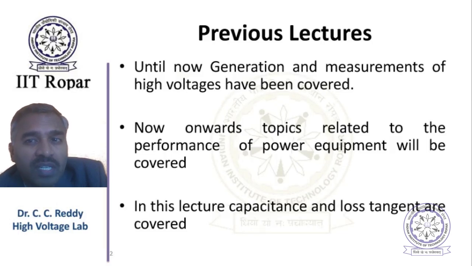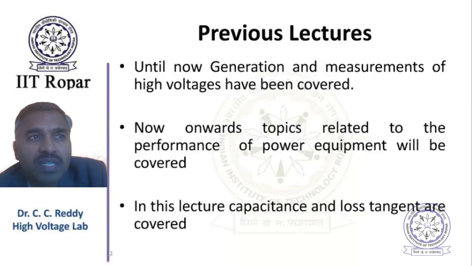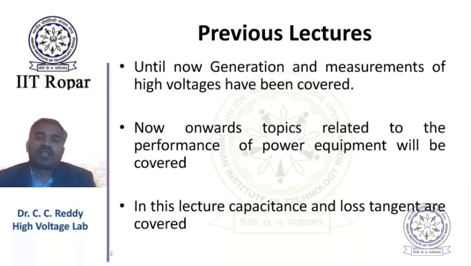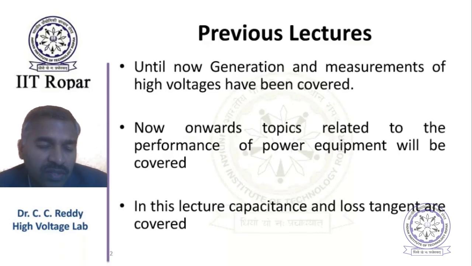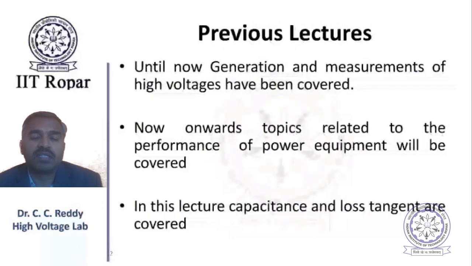How is the dielectric material, what is its current status, and how long can it survive. All these aspects boil down to the condition of the insulation. But for the condition of the insulation, what are the parameters that need to be assessed? As part of that, in this lecture we will study capacitance and loss tangent.